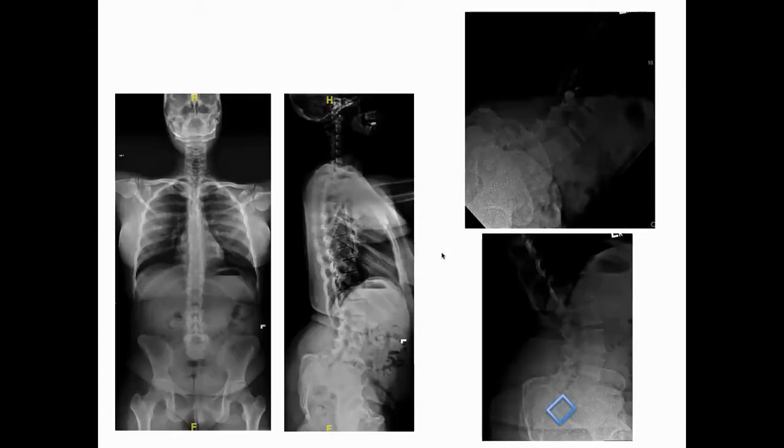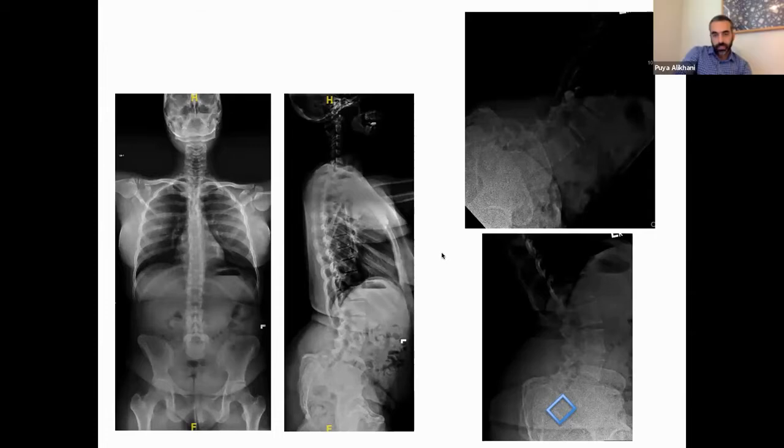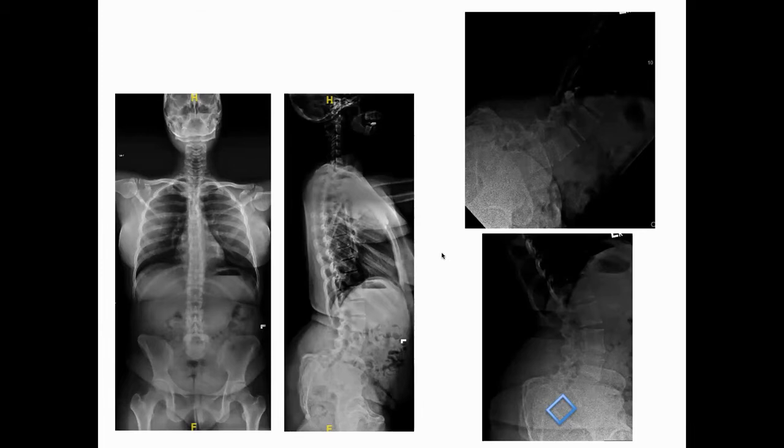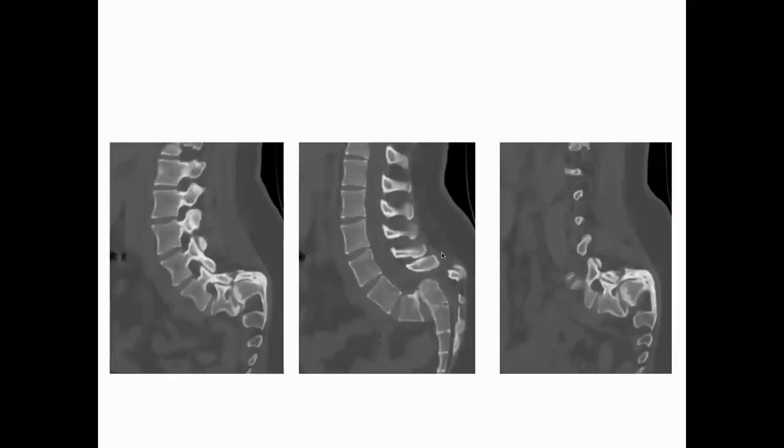So these are her standing scoliosis films. She has complete dislocation of L5 over S1, or spondyloptosis. As you can see, in that blue box down there, her L5 is sitting completely anterior to the S1 vertebral body. More imaging of her, sagittal images.